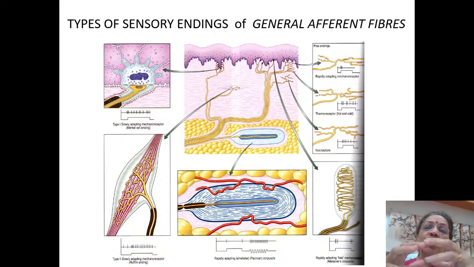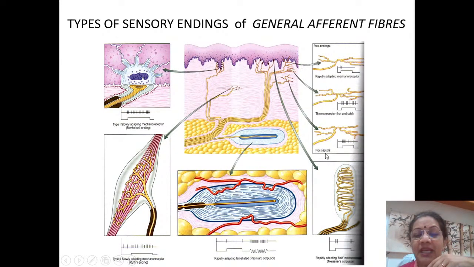If they are tuned for mechanical pressure, they can sense a mechanical disturbance in their environment. They're called rapidly adapting mechanoceptors. Another kind, which doesn't look very different, are called thermoceptors. They are able to pick up sensation of temperature from their environment.